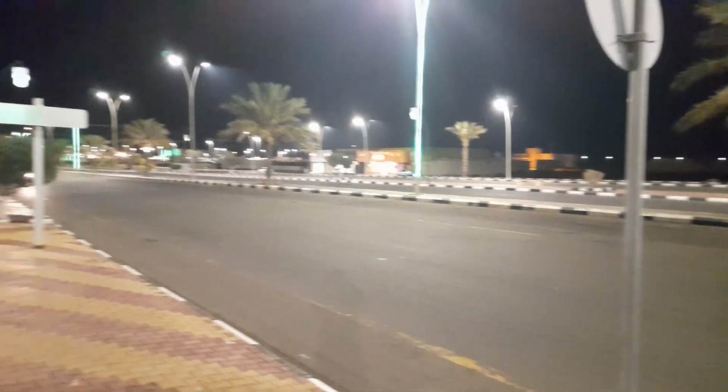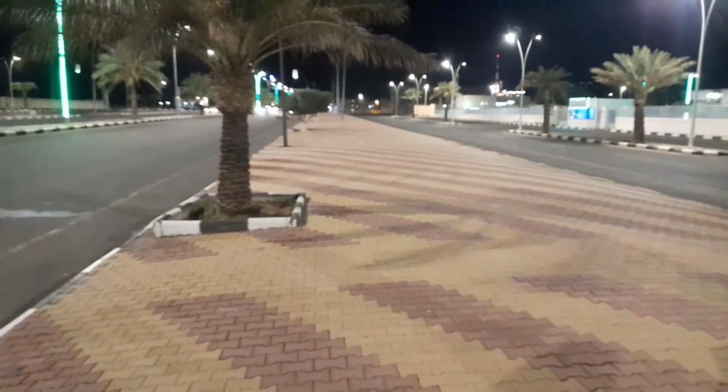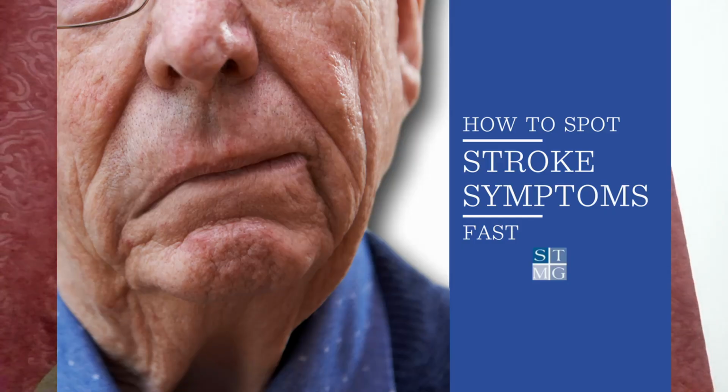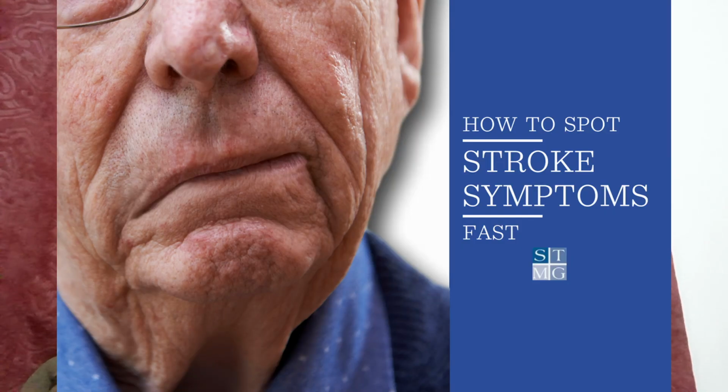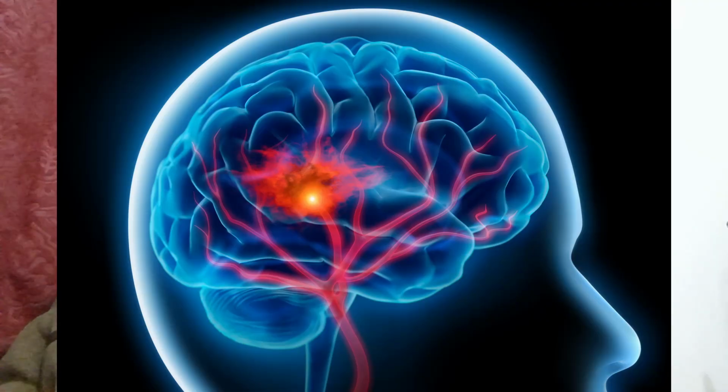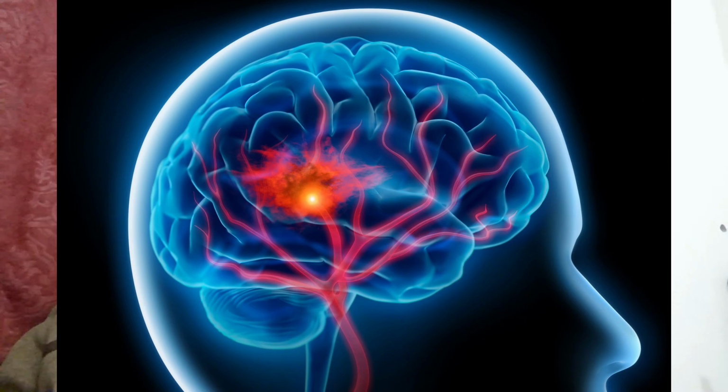Firstly, why do you need to recognize stroke as soon as possible? It is important because every minute counts in stroke care. So, you must be fast in recognizing stroke. About 15 million people are affected by stroke every year worldwide, and about 5 million of that 15 million die.